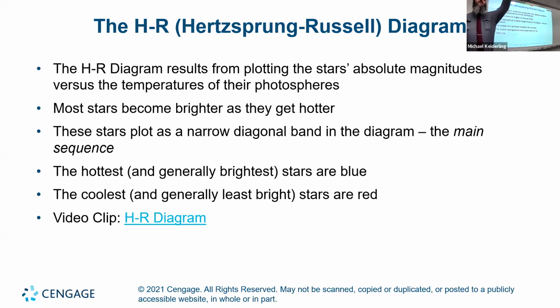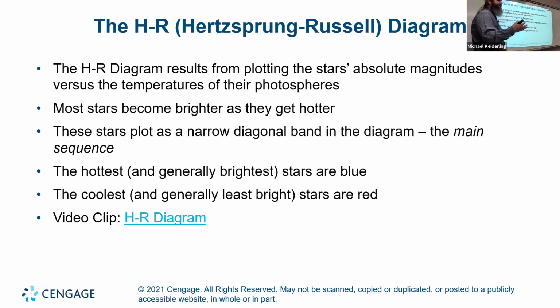So you have the brightness on the y-axis and temperature on the x-axis, except for reasons having to do with how this diagram was originally made and what they were originally plotting, the hottest stars are at the left side and the coolest stars are at the right side. So it's sort of backwards.